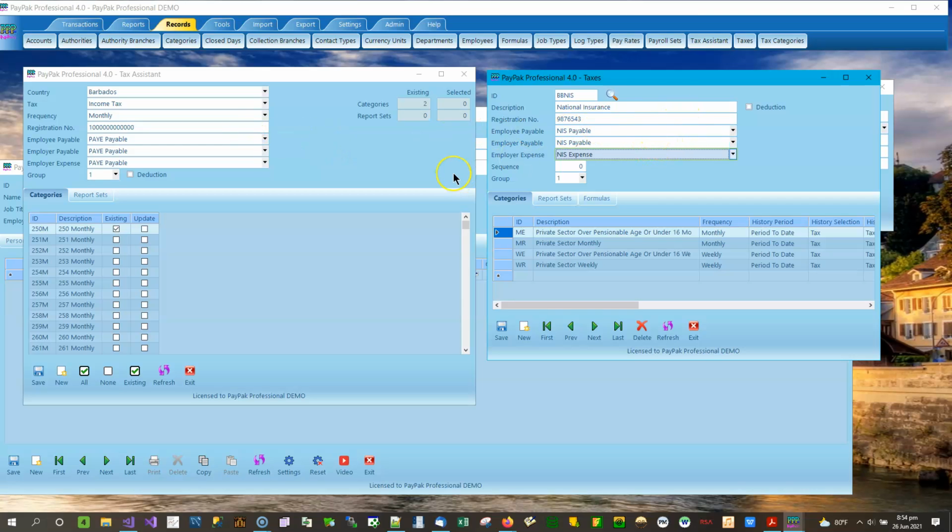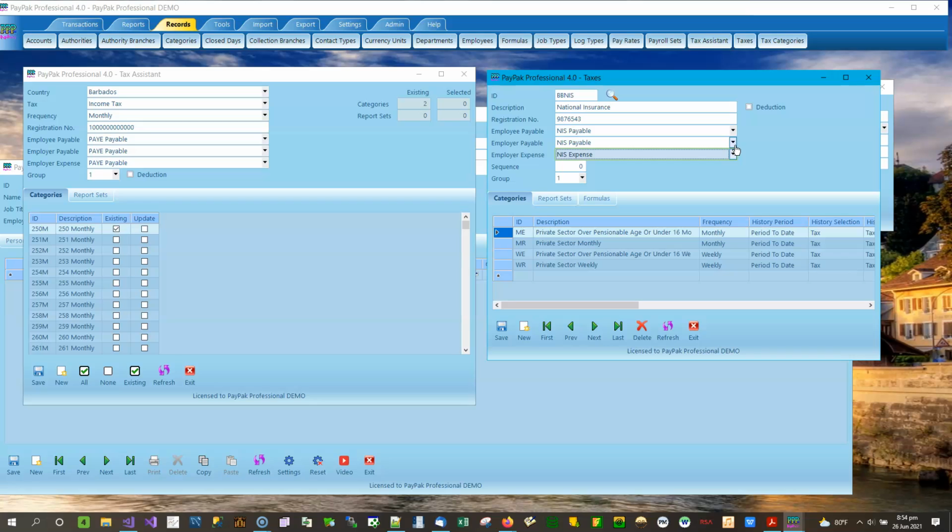Now there can be a little difference, being that some companies will want the employer expense to be split across the various departments of the company.